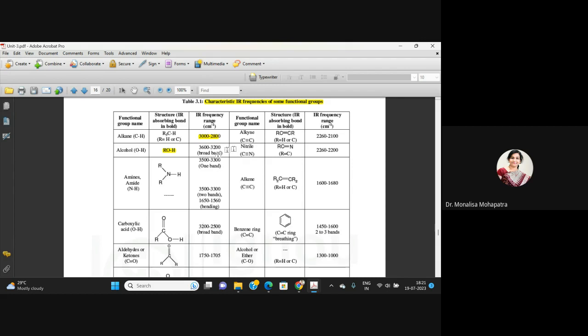In this way you can predict whether the compound you have synthesized is what you wanted or not. That is structural elucidation.